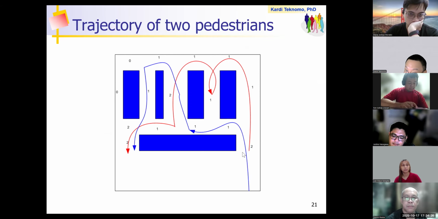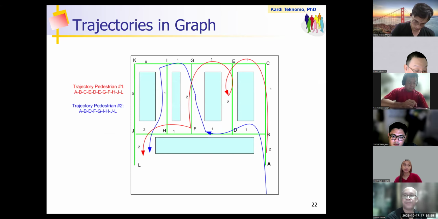Two pedestrians, red and blue, and the number here represents the ID of the pedestrian. Now we are going to discuss how to get flow from this trajectory. Number one, what you will do is put this trajectory back into the graph.